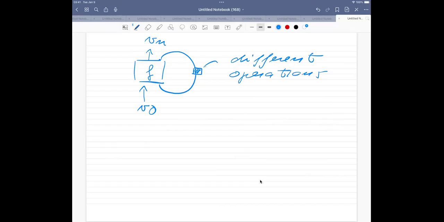So let us now, with this kind of preliminary models or views on it, set up a simple RNN. And what we are going to do now is to make a change of variables.